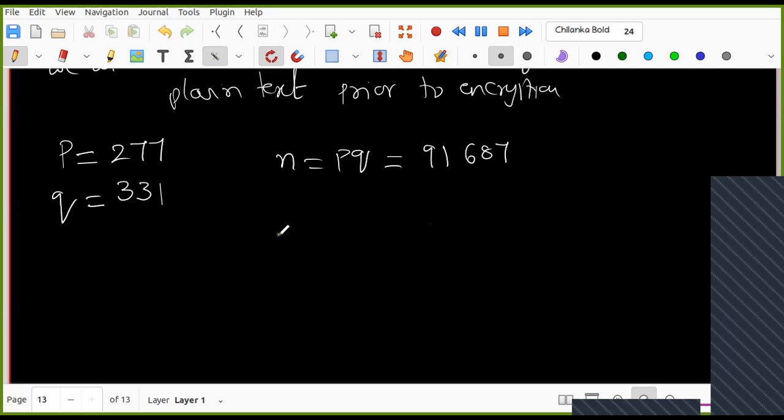Now, for example, I have my m, this is my plain text, that is 100 1111 001. So what we are doing is that we replicate the last 6 bits.